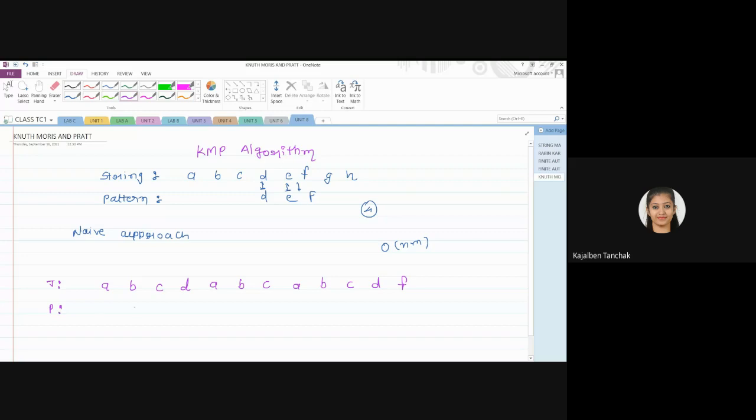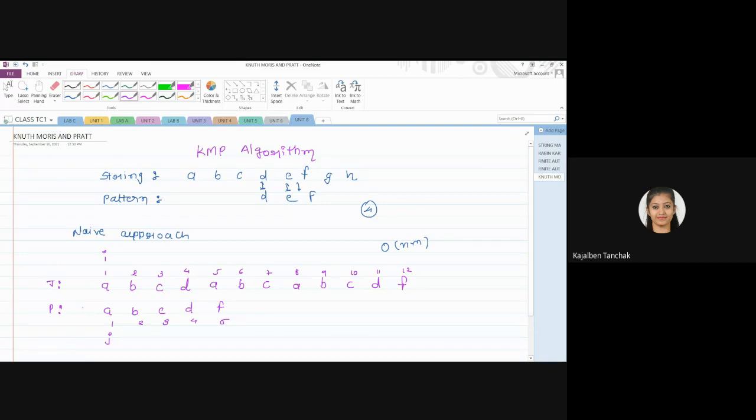The pattern is A, B, C, D. Suppose I is starting from here, J is starting from here. Same thing we are doing, okay?